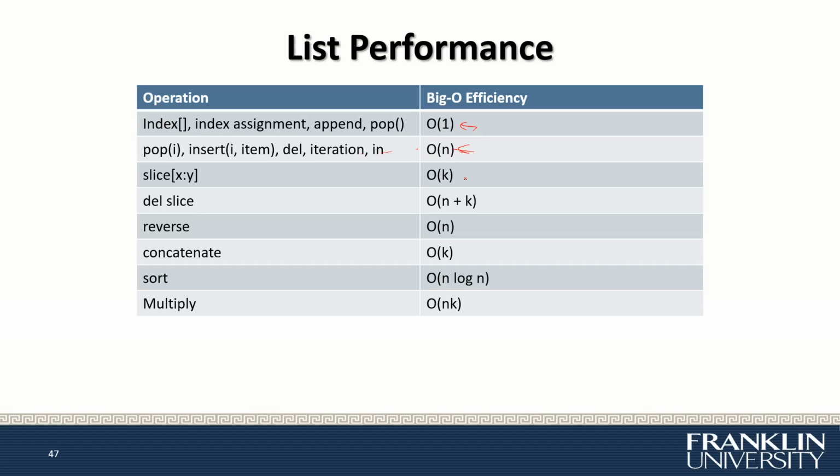Slice is OK; the K would mean the number of items between X and Y. Delete with the slice is M plus K. Reverse is linear. Concatenate is K, depending on how many you concatenate. Sort is N log N, and multiply is NK. If I multiply something by the list, you do everything to the list N times.